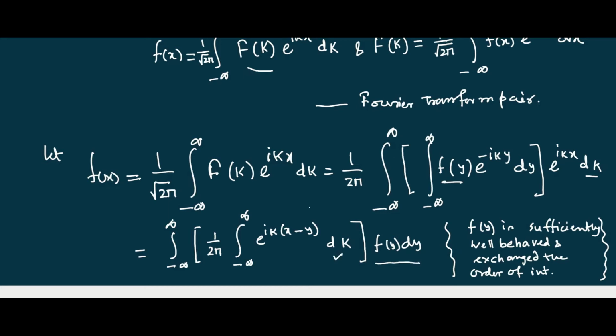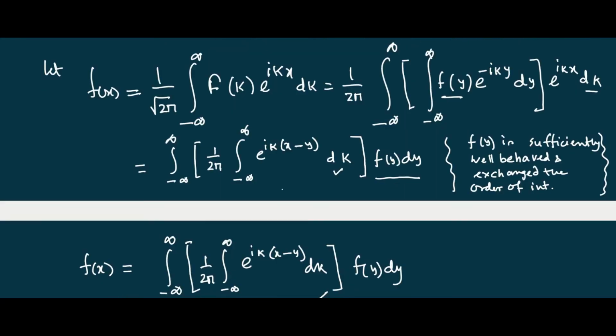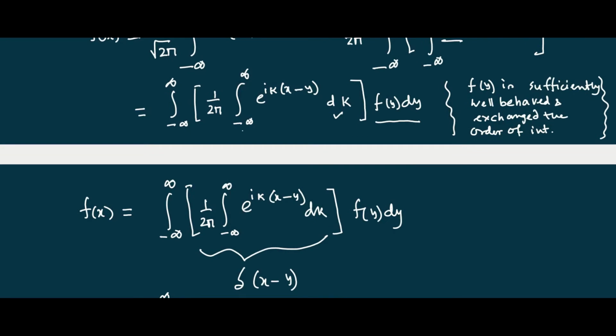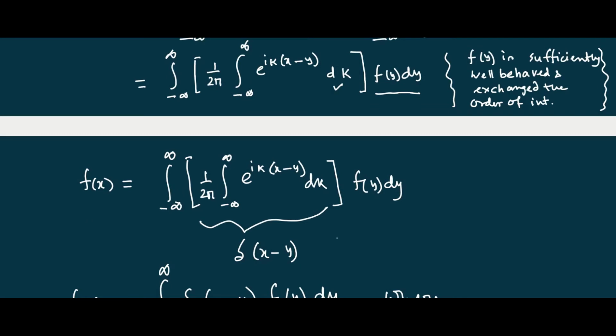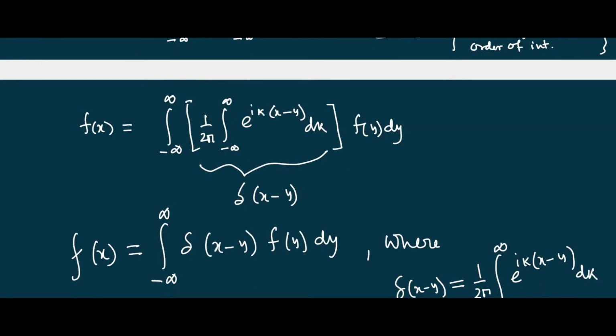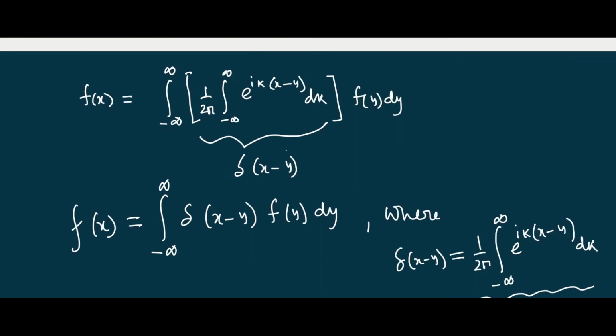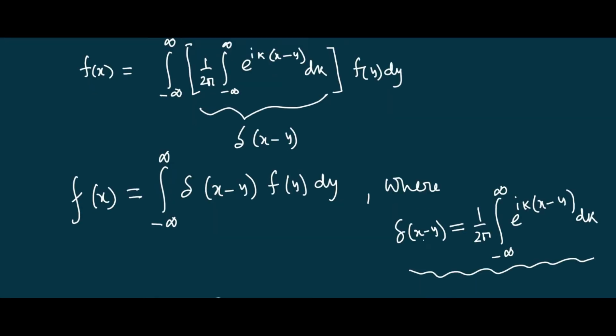As we know, f(y) is sufficiently well behaved, and it is basically the representation of the Dirac delta function delta(x minus y). So therefore we can say delta(x minus y) f(y) dy. This is what we are already familiar with. This is a representation of the Dirac delta function, where delta(x minus y) is 1/(2π) integral from minus infinity to plus infinity of e^(ik(x minus y)) dk.